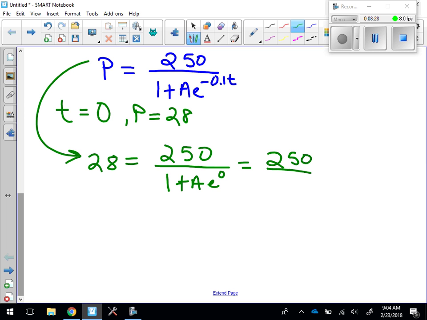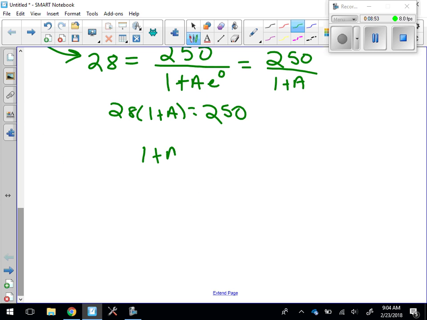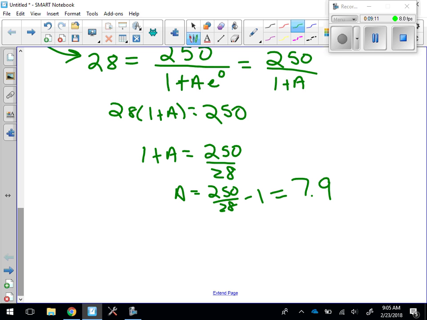So this is going to give us 250 over 1 plus A. If I cross multiply, I get 28 times 1 plus A is 250. 1 plus A is 250 over 28, so A is 250 over 28 minus 1, which is what? 7.9. Is Gianni right? Okay.